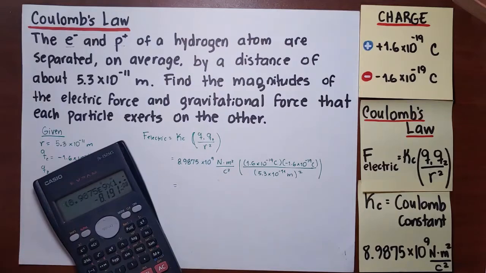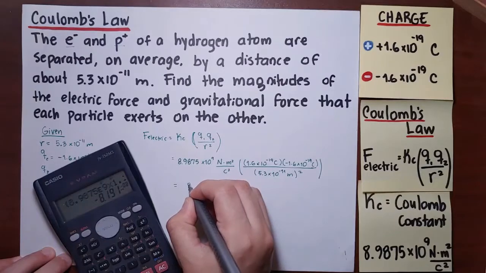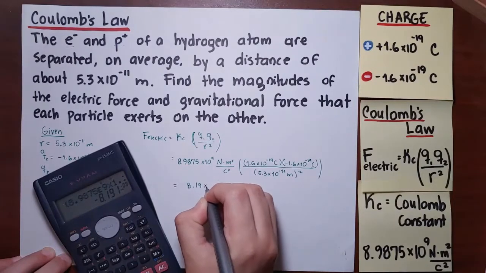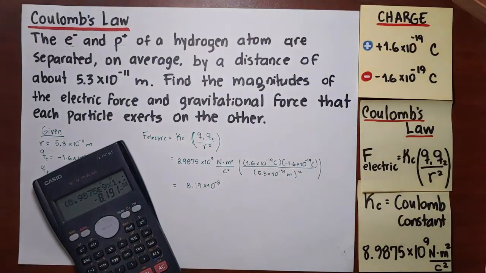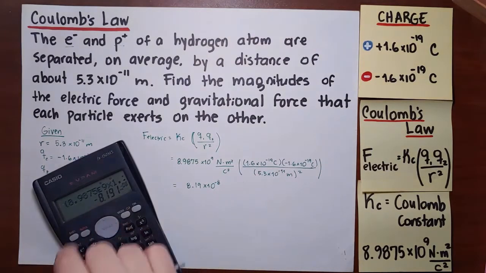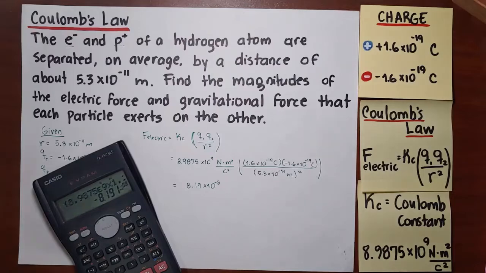Now take a look. 8.19 times 10 to the negative 8. Now we're going to see what units. And as you can see, here I got a negative answer. But let me tell you something. The electric force is a scalar magnitude, which means it doesn't require you to write signs.